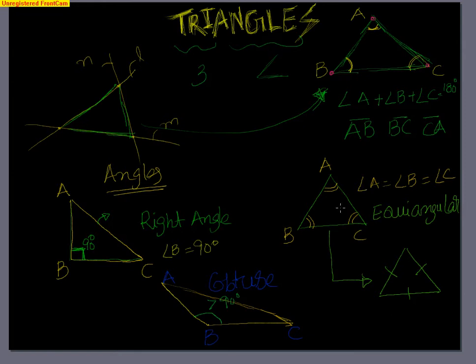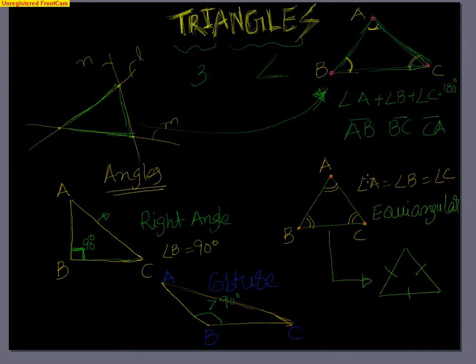One more. What is the angle of each vertex in this particular triangle, known as equiangular triangle, right? We know the total sum of the angles is 180 degrees, and also each angle here is equal.